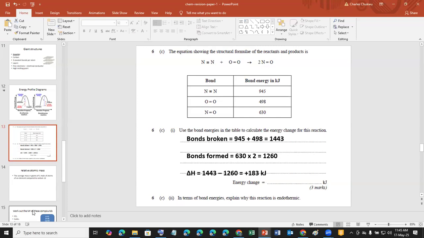Okay, it says in terms of bond energies, explain why the reaction is endothermic. Well, remember, endothermic reactions are reactions that do what? What do they do in terms of energy? They take in energy.